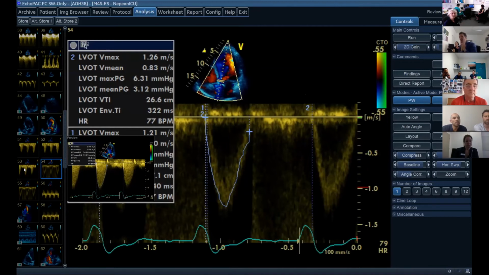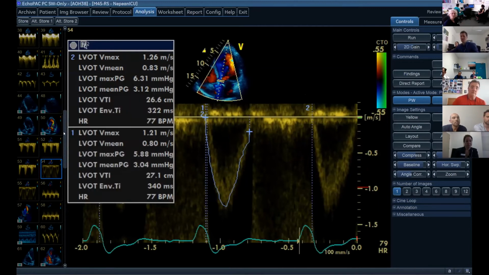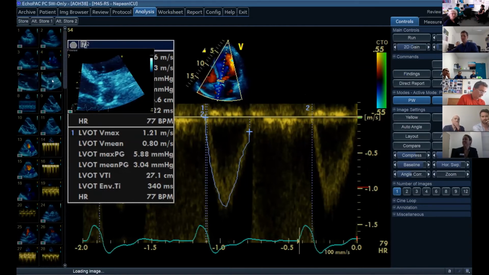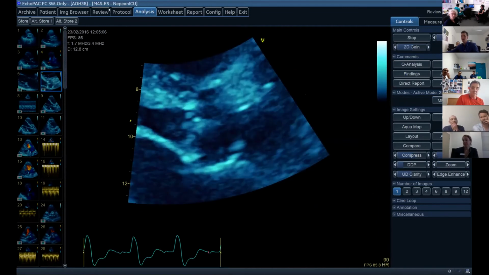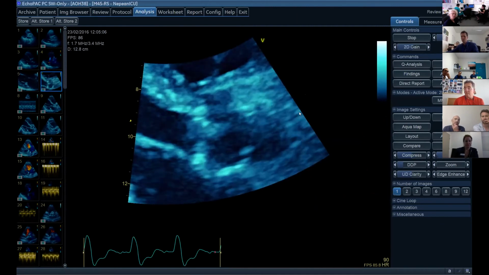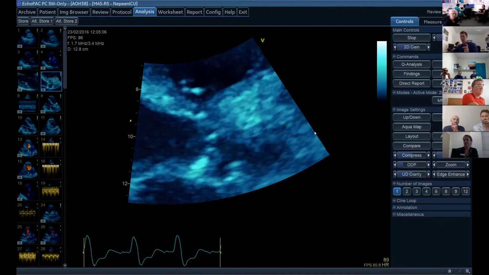So let me ask everyone to estimate what the aortic valve area is. Let's do it together. First thing you're going to need is the aortic valve, in a zoomed in view, because that gives you the most accurate measurement.